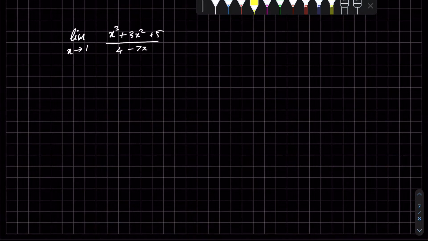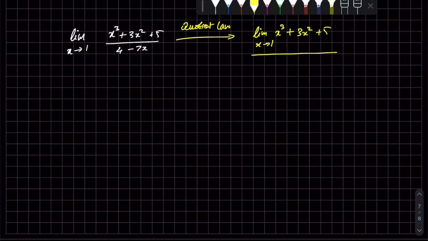Let's start with the first: this is equal to, by using the quotient law, the limit of x cubed plus 3x squared plus 5 as x approaches 1, divided by the limit as x approaches 1 of 4 minus 7x.